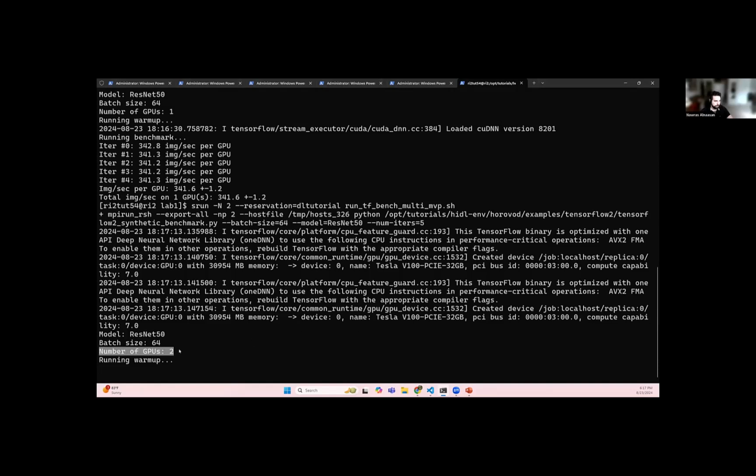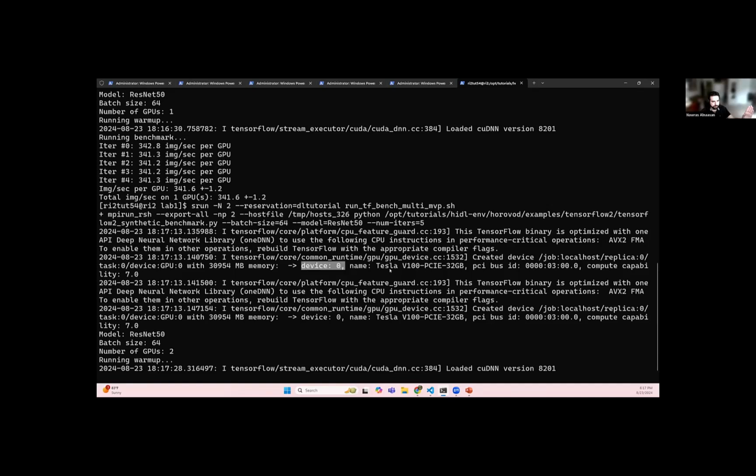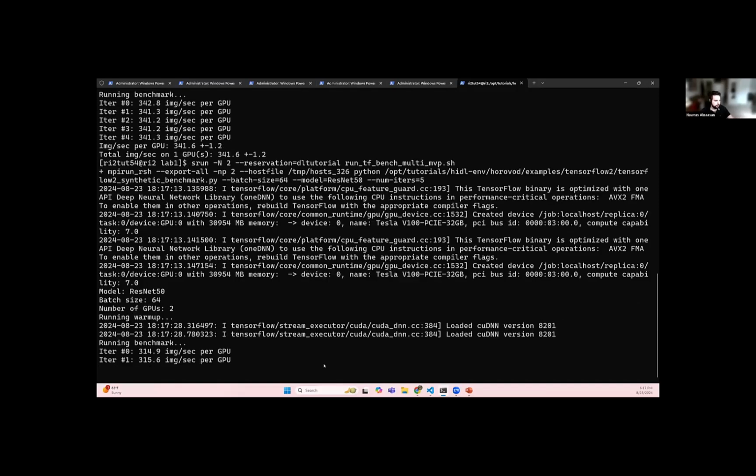As you can see, we have 2 GPUs running, and all of this is output from TensorFlow itself. It's saying that it's using cuDNN, and it's recognizing these GPU devices on each node: Tesla V100 with 32 gigabytes of memory.